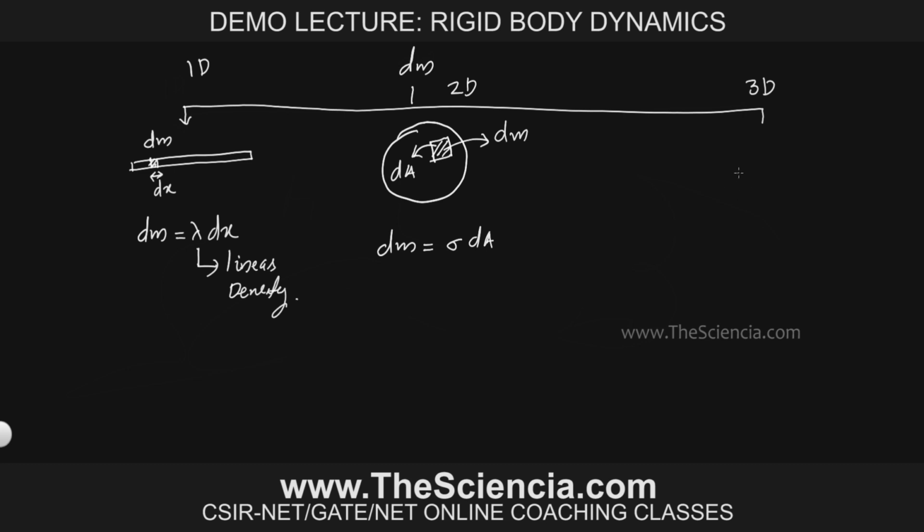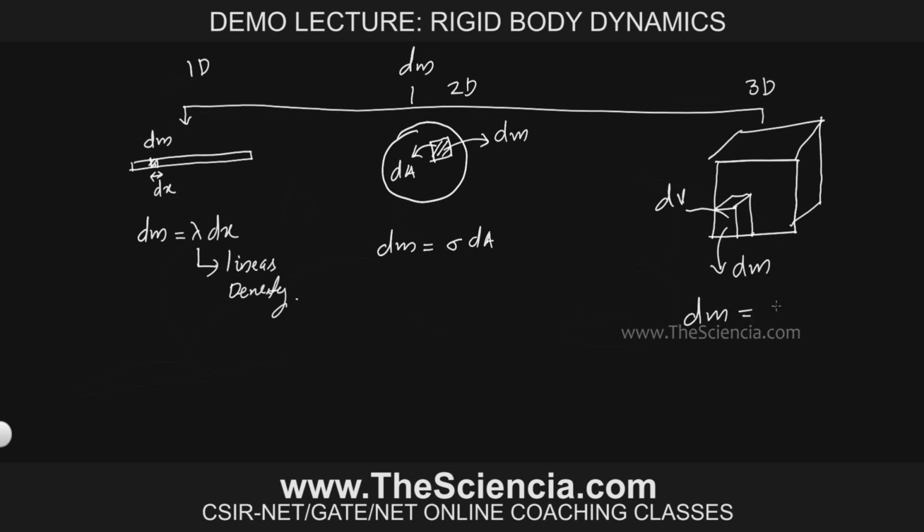And if my rigid body is a cube, and if this is a dm, and this is dv, the volume element, then I can write dm equal to rho dv.